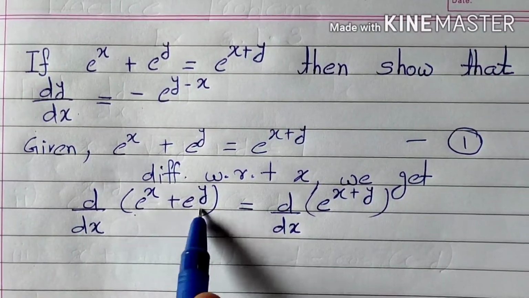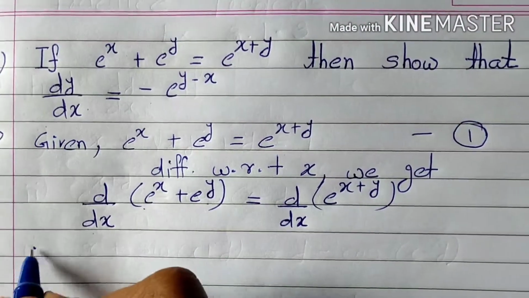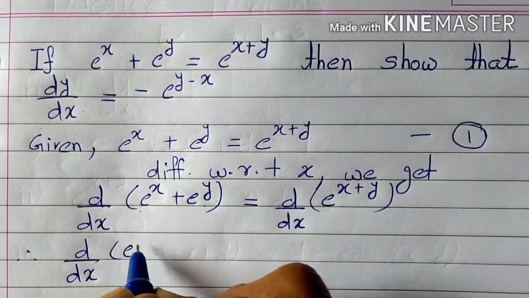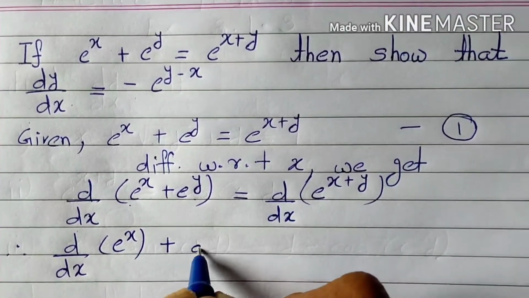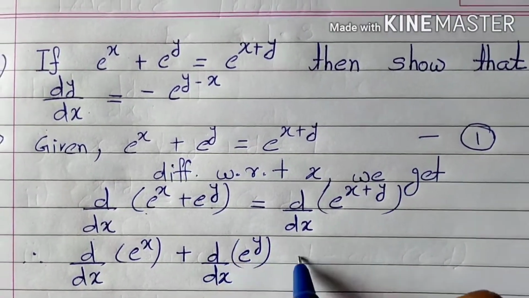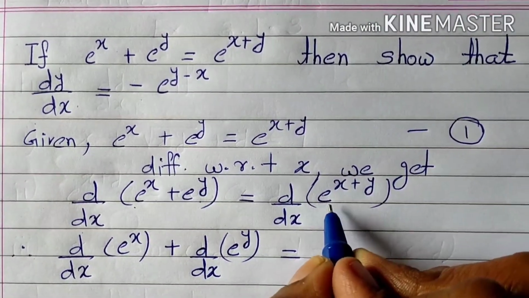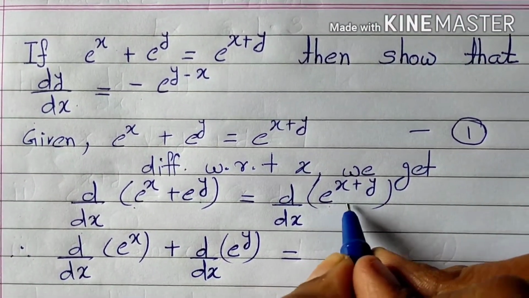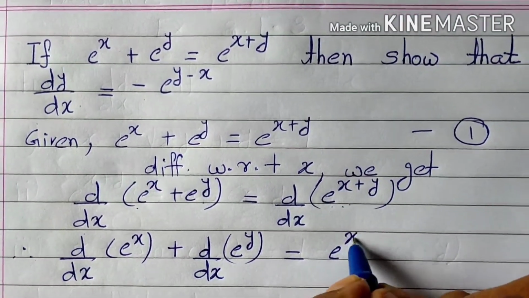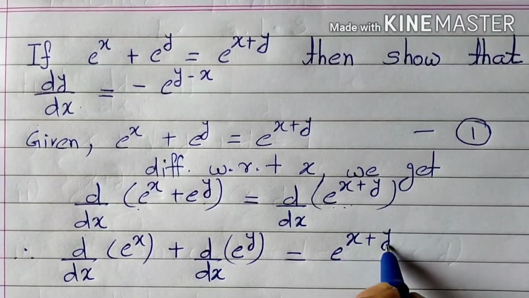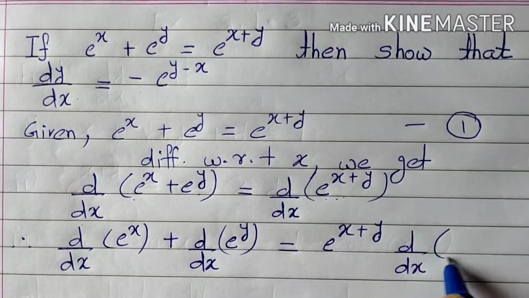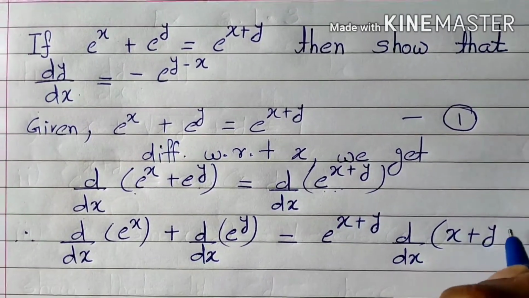Here is a sum, so apply the sum rule. Therefore d by dx of e raised to x plus d by dx of e raised to y is equal to, we know that derivative of e raised to x is e raised to x as it is, but it is a composite function, so we have to take the derivative of x plus y also.